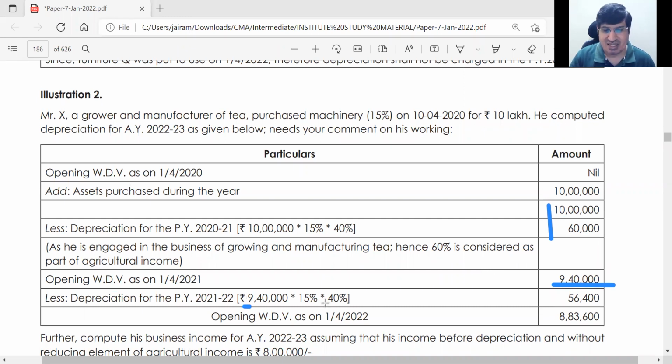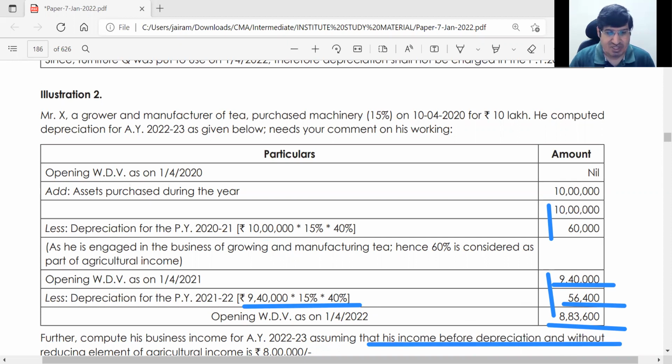And then again he has done the same thing, this minus this, and he got this as the opening WDV. Further information given is that this is income before depreciation and without reducing the element of agricultural income. So this is the income before depreciation and before agricultural income, and that is 8 lakhs.